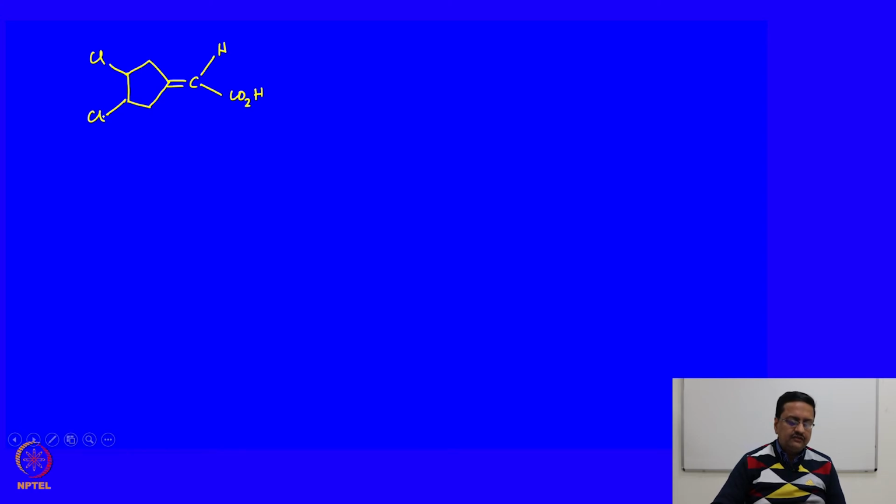So, in this molecule what we see is a C=C double bond, and we have two different substitutions here, and we have two substitutions which in terms of atom are the same because they are chlorine, but you see that they may have a different stereochemistry at these 2 points. So, let us try to see what are the possible stereoisomers of this compound.